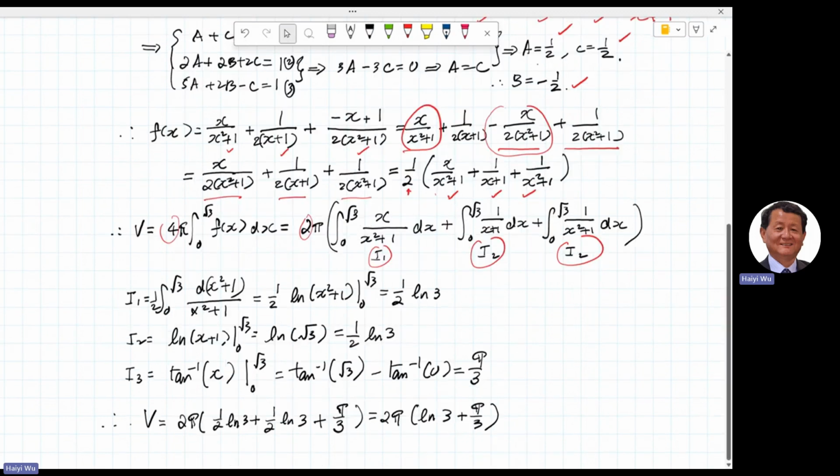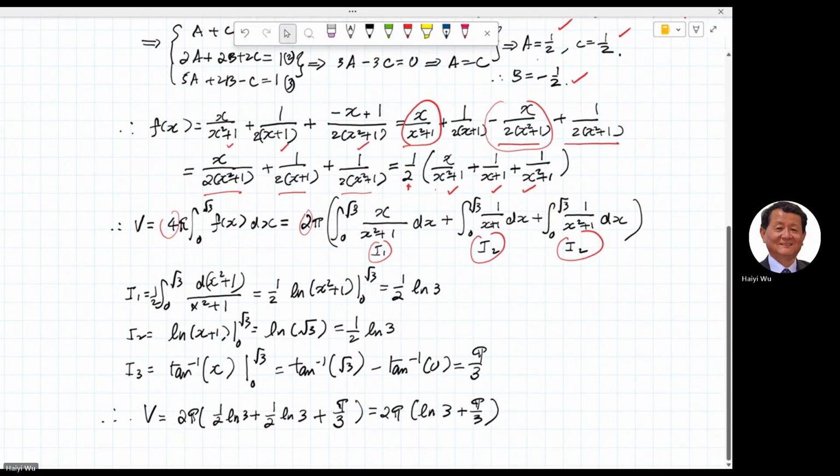I'm going to do I1 separately, using the substitution method. I'll put x squared plus 1 divided by 2, so don't forget the half. So there'll be half of log of x squared plus 1.